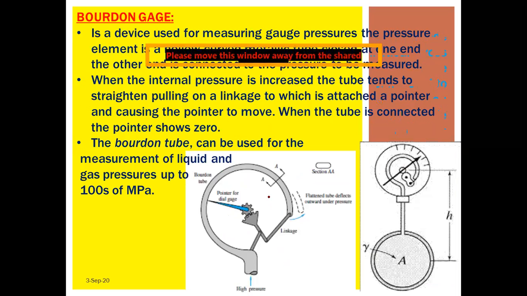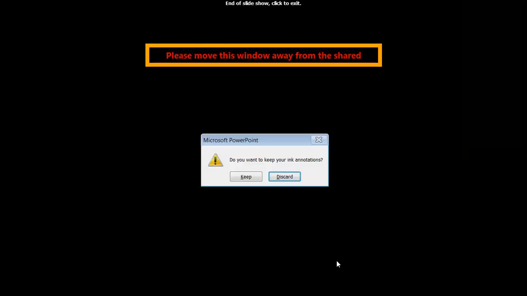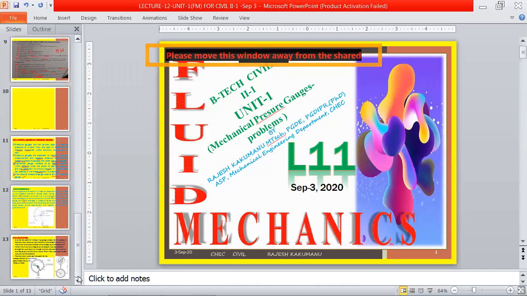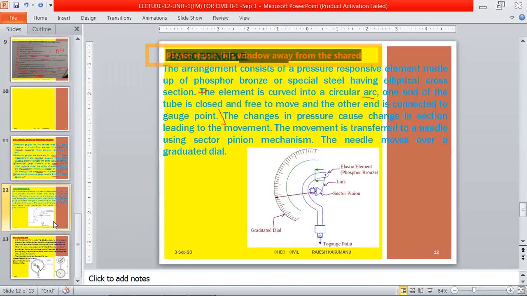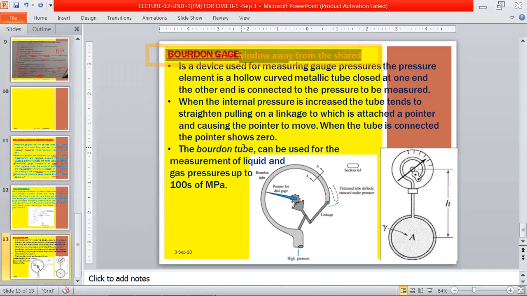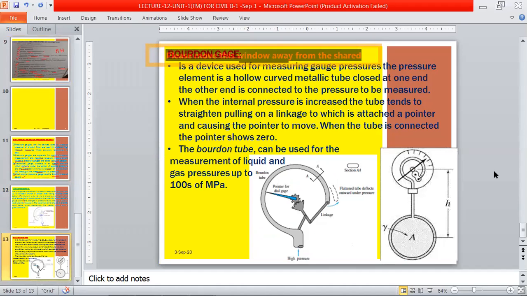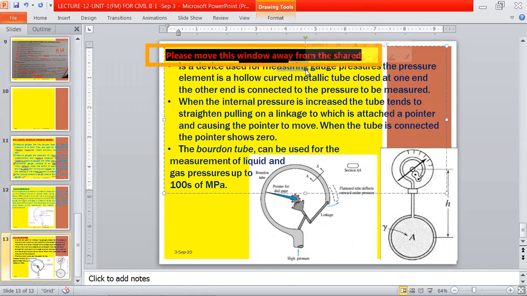Next, now see here. The Bourdon gauge is named after a person, and the name itself gives the physical appearance of the gauge. It is a device used for measuring gauge pressure.